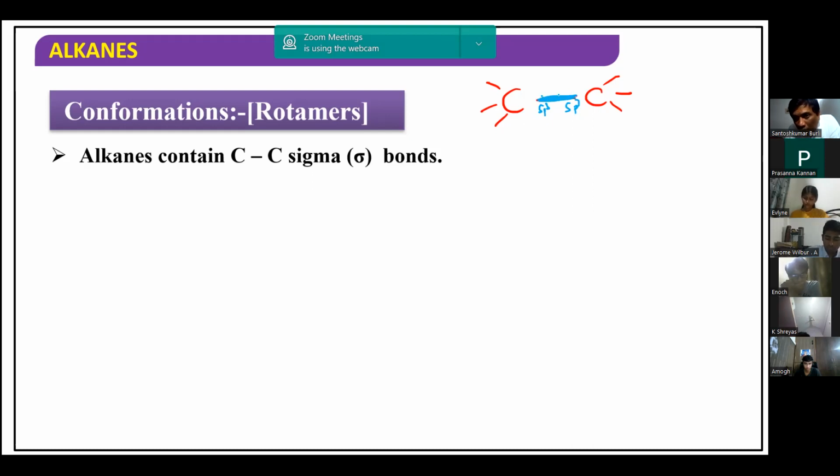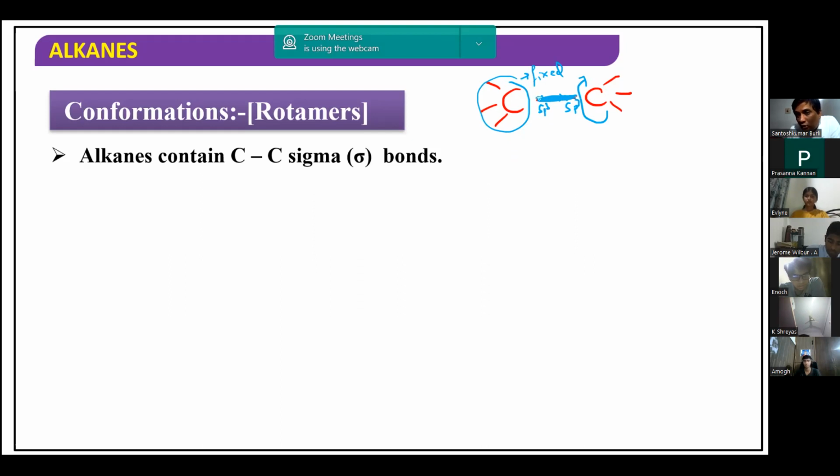And these 2 electrons will be lying along the internuclear axis. Now, if I keep one of the carbons fixed and try to rotate this carbon atom like this, what we can observe is that there is no restriction.